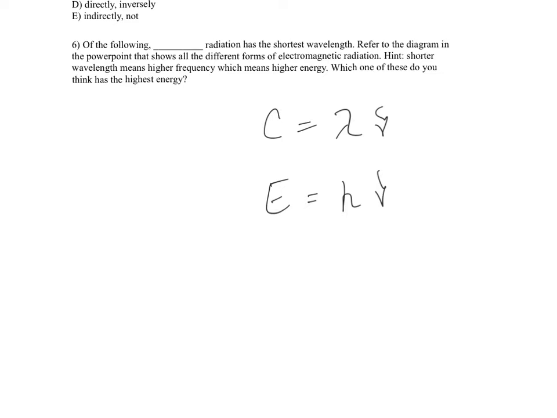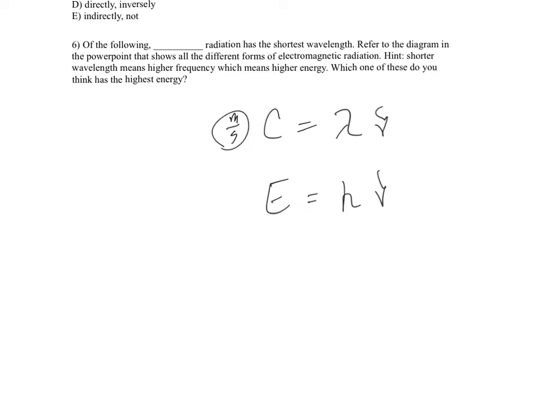Since there's a set relationship between the speed of light, which is constant, and the wavelength and the frequency, you can always find the wavelength from the frequency or the other way around. You're using the speed of light. Just remember that in the speed of light, those units are meters per second.